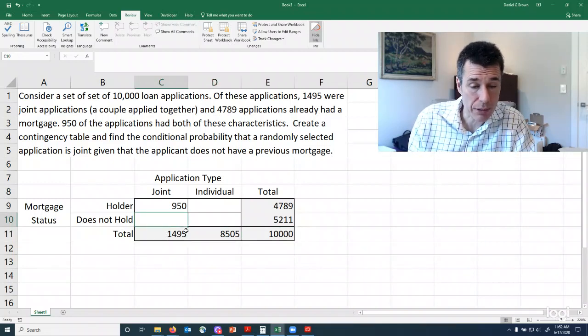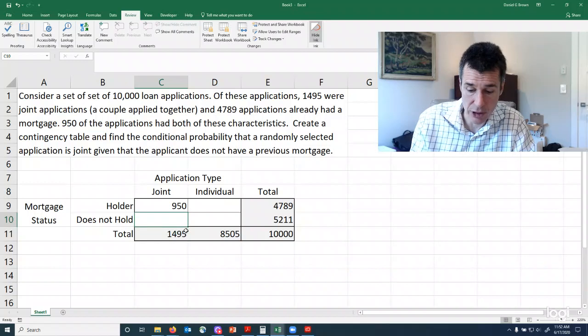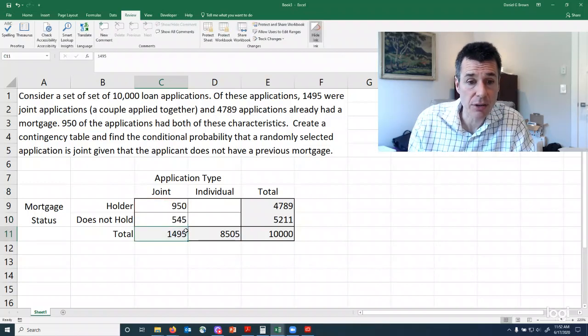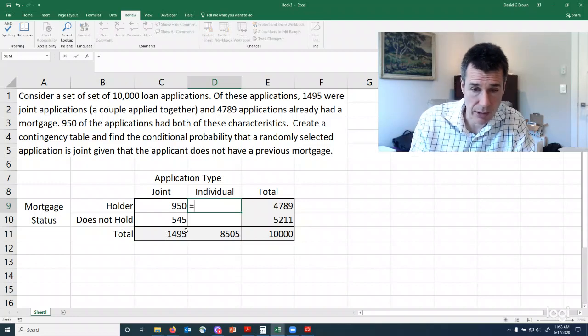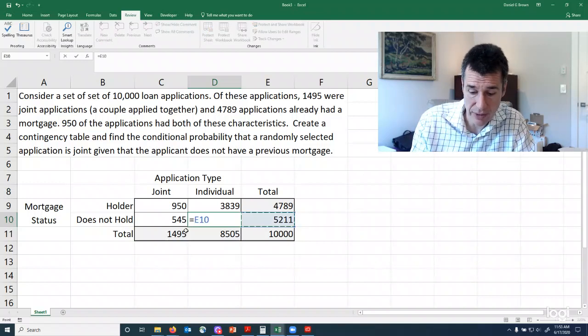The joint applicants that don't hold a mortgage, well, we know 950 of the 1,495 do hold a mortgage, which means 545 do not. Take the difference. The individuals, so we've got people who hold a mortgage but are individual applicants. Well, that's 4,789 minus the 950. And then does not hold a mortgage is 5,211 minus 545.